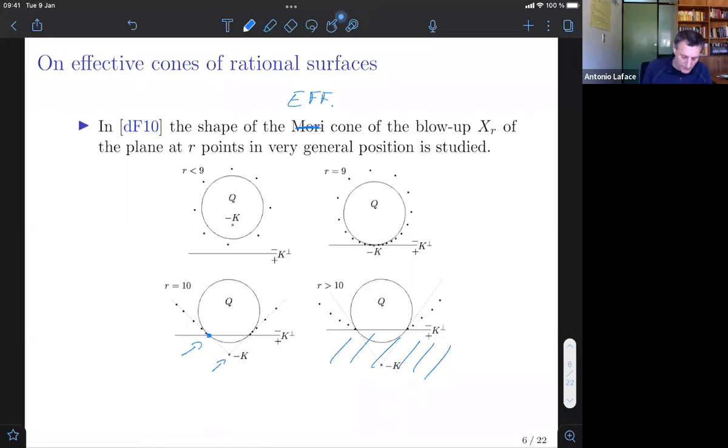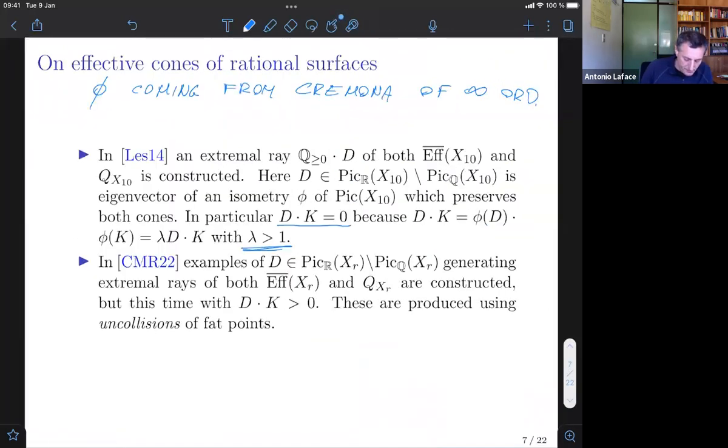And now, in this paper, which is, I think, quite important, by Ciliberto, Miranda, Roé, from some weeks ago, they provided an example of D, which is again in real numbers.